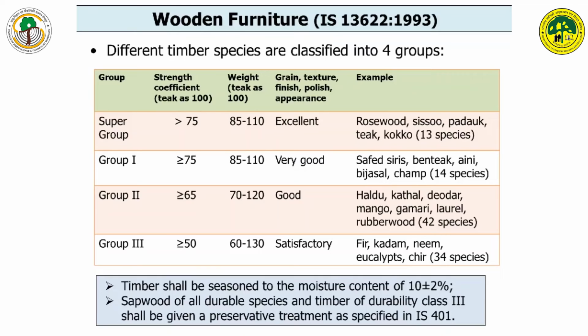Here, the important point is that timber should be seasoned to moisture content around 12%, and sapwood of all durable species and timber of durability class 3 should be preservative treated as specified in IS 401.